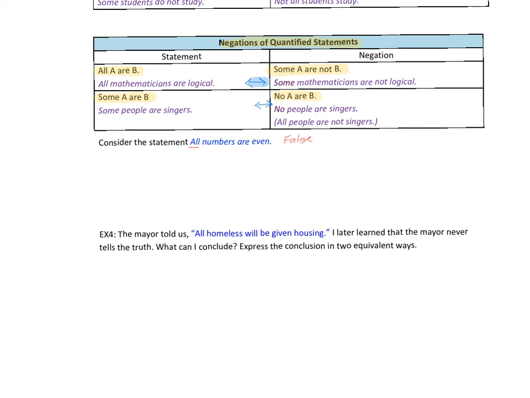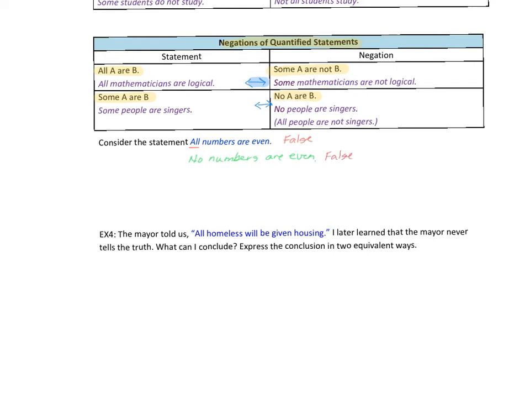So let's just say that I said, well, no numbers are even. Let's say that I thought, okay, the negation of all has to be no, because all and no are opposite. But the statement no numbers are even, that's also false, which can't happen.